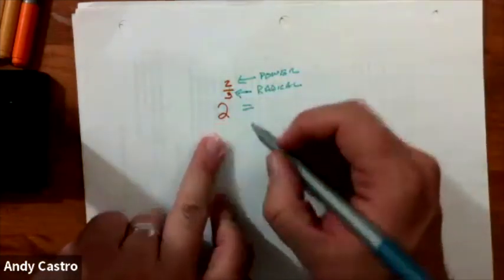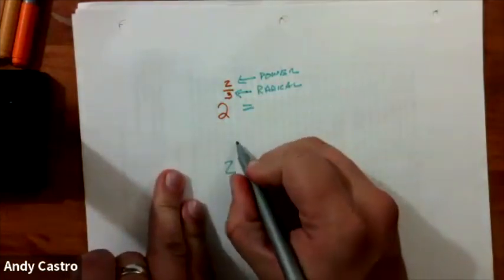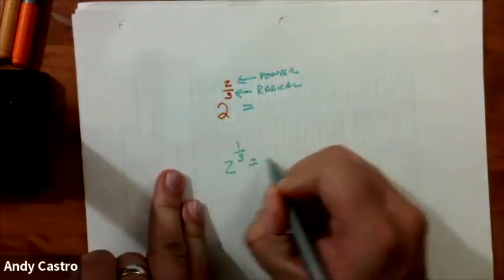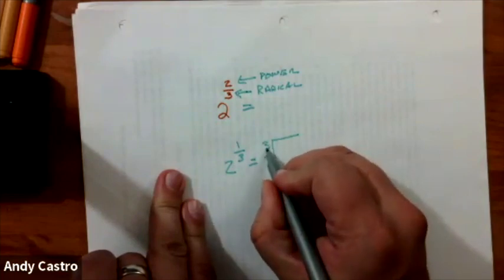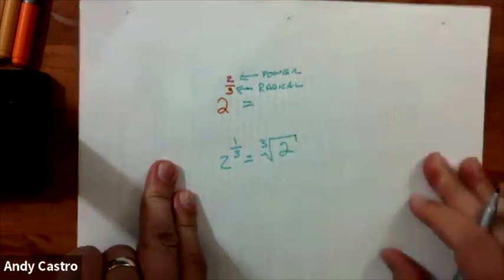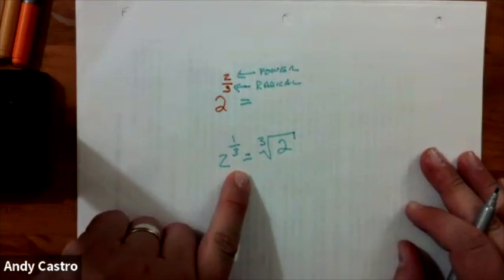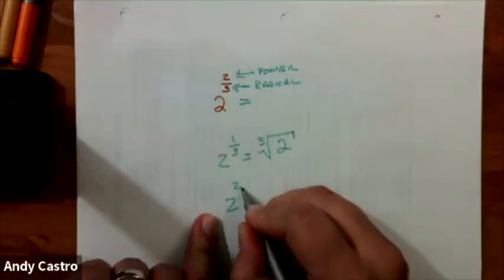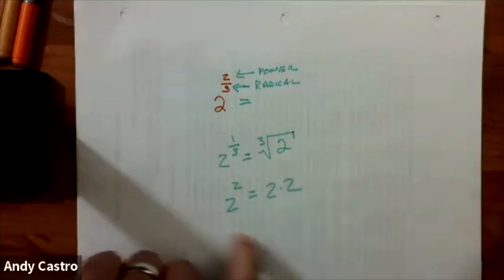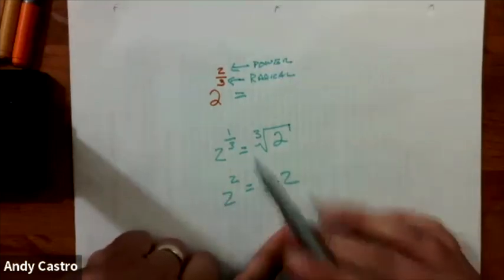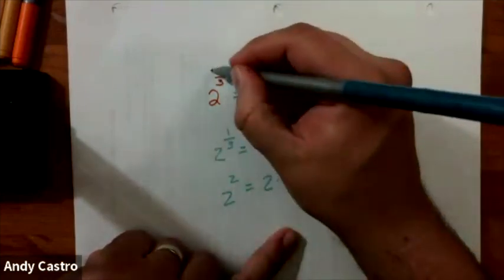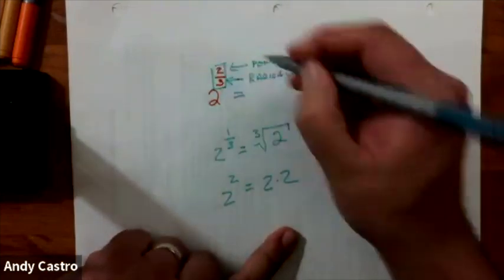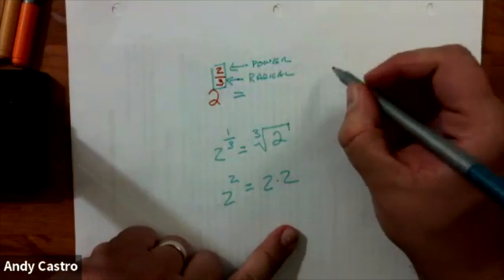Okay, 2 to the 2/3. Well, we know that 2 to the 1/3 is the cubed root of 2. We just covered that. 2 to the 2, you know that as 2 times 2. So we're actually going to put these two ideas together in 2 to the 2/3. There are two ways to write this.